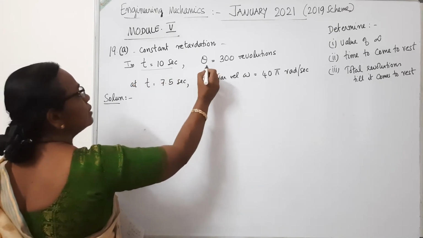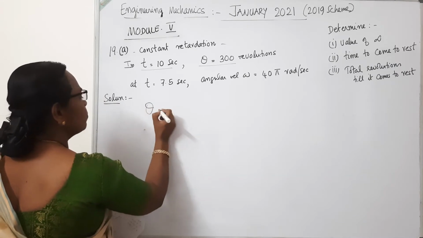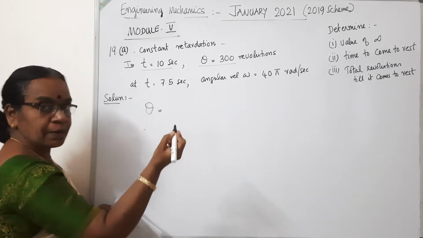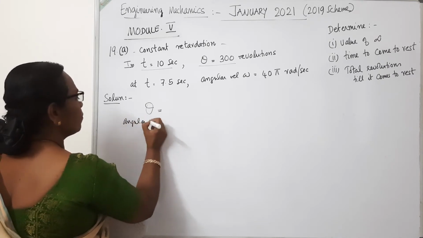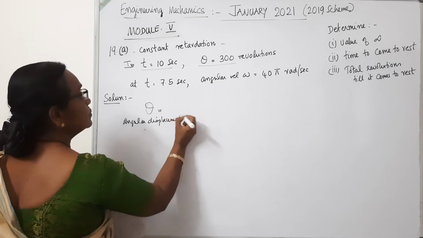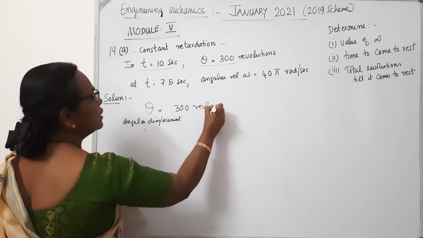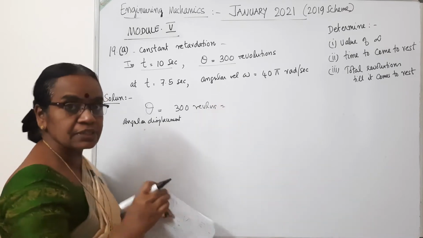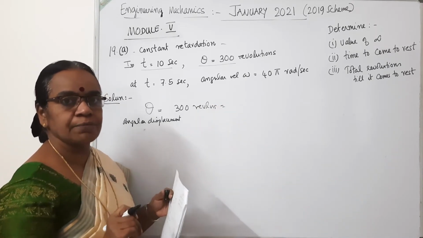At t equal to 10 seconds, it made 300 revolutions. So the revolutions, theta, is nothing but the angular displacement, given as 300 revolutions. We have to convert everything into radians, velocity in radian per second and acceleration in radian per second square.